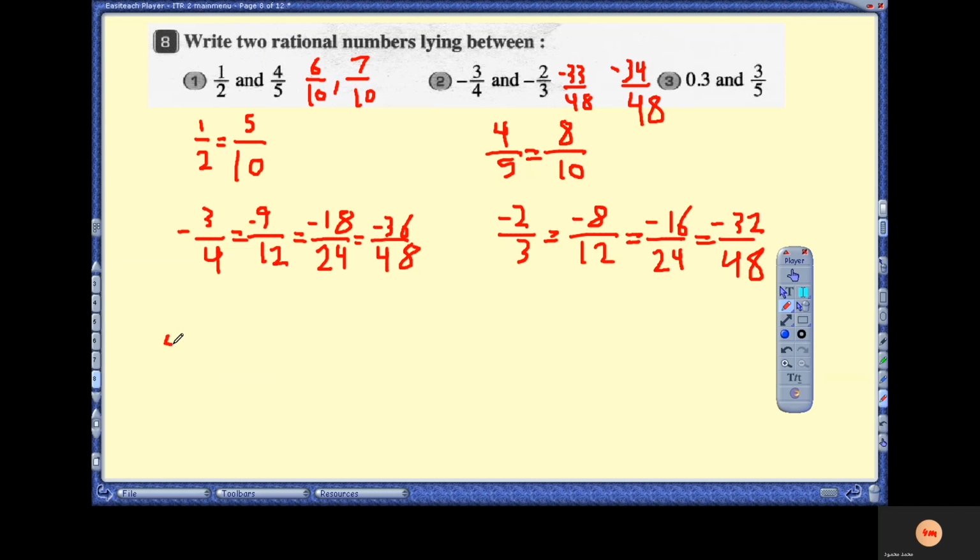Number 3, 0.3 will be 3 over 10, and 3/5.